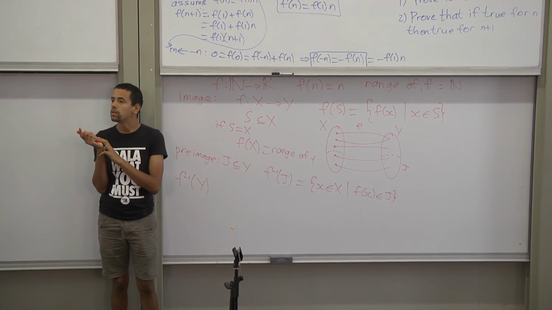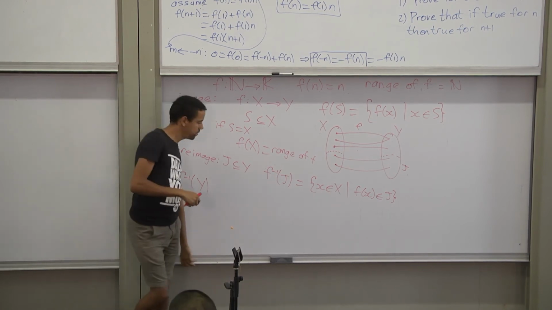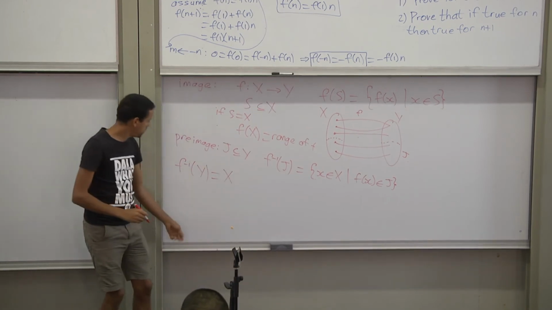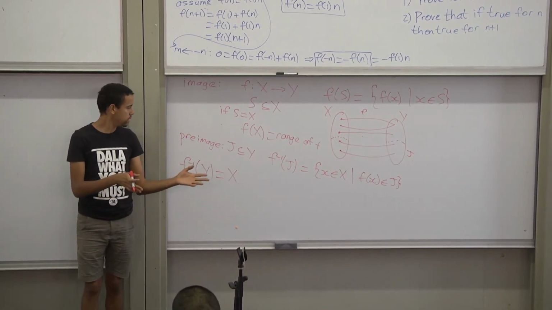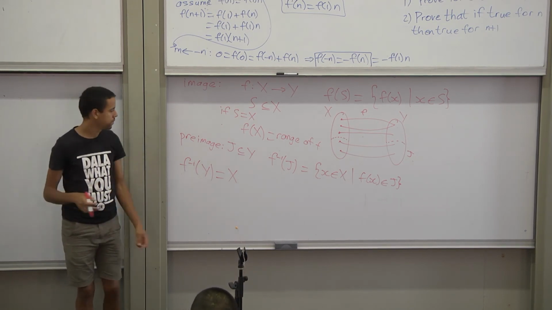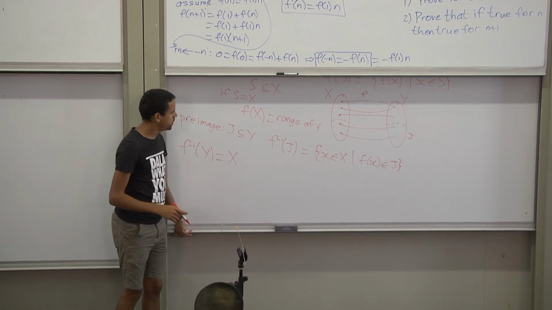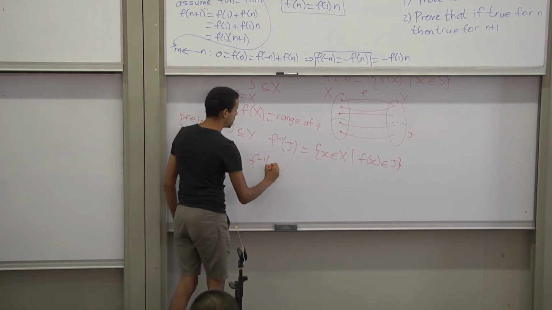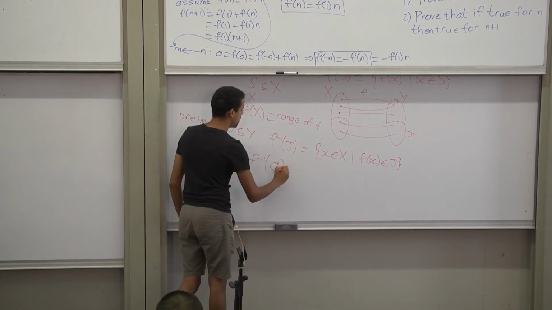Yeah? You get your domain? Yes, you get your domain. So the pre-image of your whole codomain is always the whole domain that you started with. Let's test some other ones. What is the pre-image of the empty set?